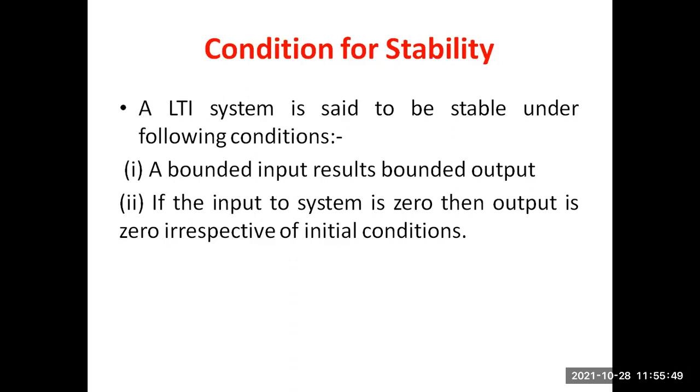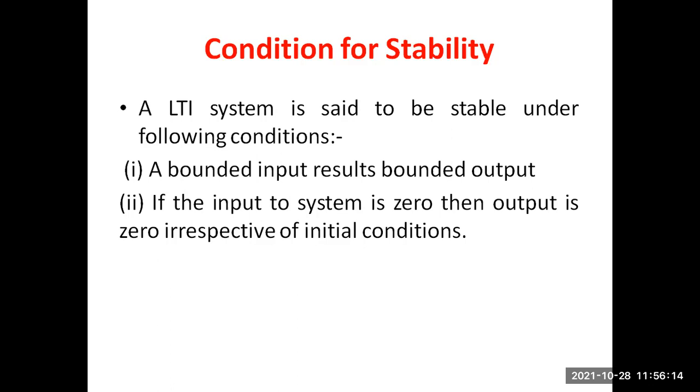Then what are the conditions based on which the system should be stable? Number one: a bounded input results in a bounded output. You have a fixed set of inputs and you are expecting that your output should be a fixed set of outputs. Second: if the input to the system is 0, then the output is 0, irrespective of the initial condition. This is very, very important.